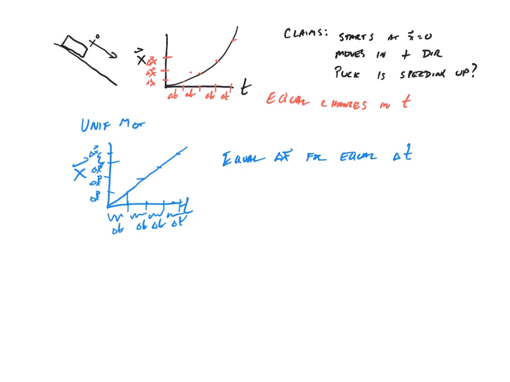So I think you can see that the changes in position are increasing. The displacement is increasing with every successive equal-sized time interval. And that is pretty much telling us that the rate of the change in position with respect to time is changing, or that the velocity of the puck is changing as time goes on.